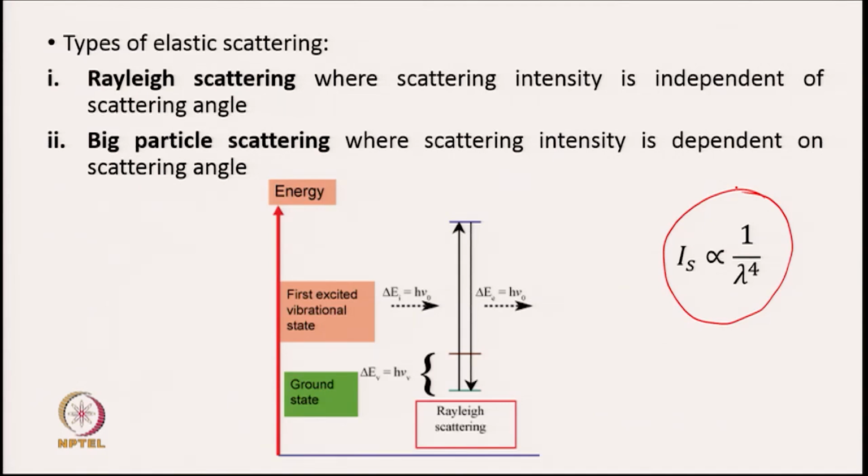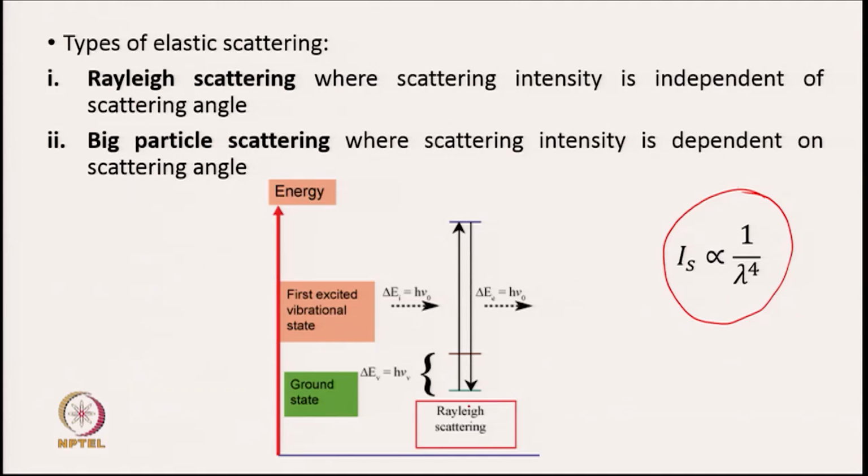Whereas in big particle scattering, the scattering is dependent on the scattering angle. So, in Rayleigh scattering your scattering only depends on wavelength, but in big particle scattering the scattering intensity depends on both lambda and the scattering angle.